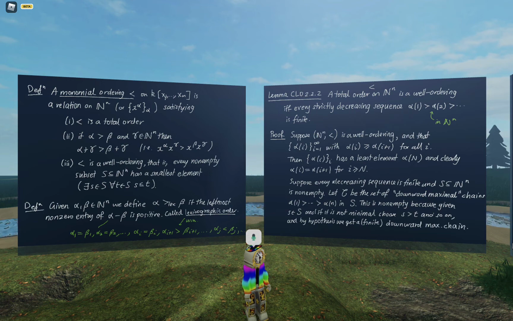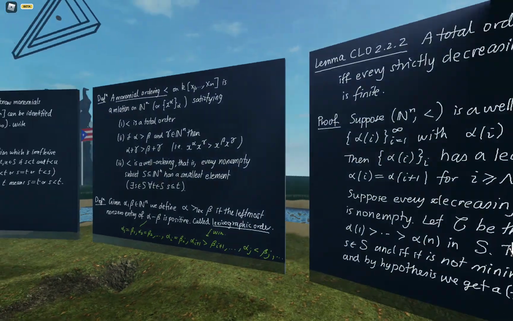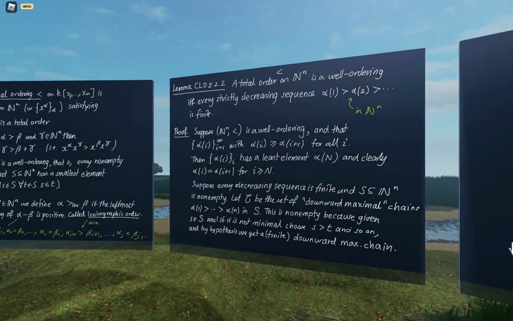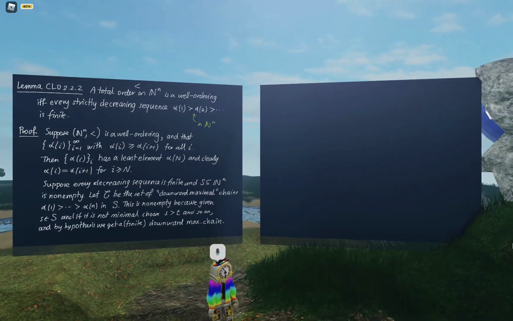Okay, so this set C is non-empty. Yeah, well, it's not the axiom of choice. This choice is not real choice. This is mild choice.